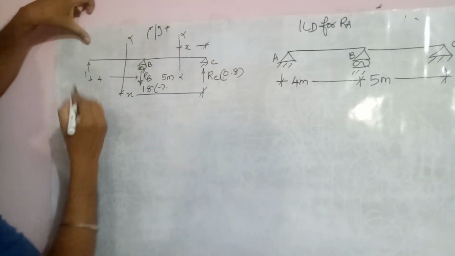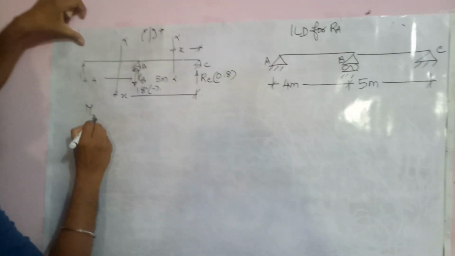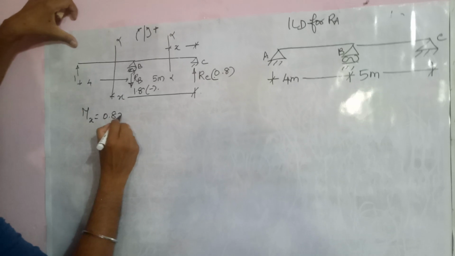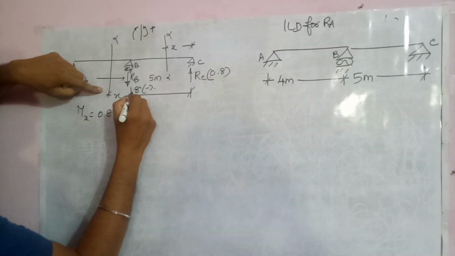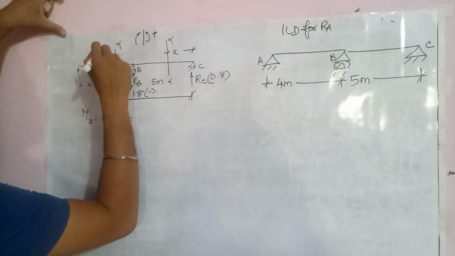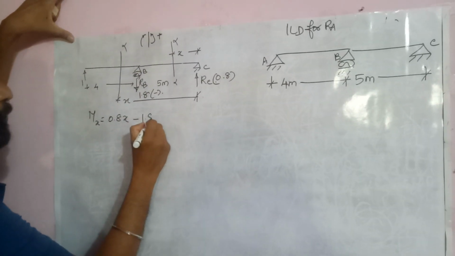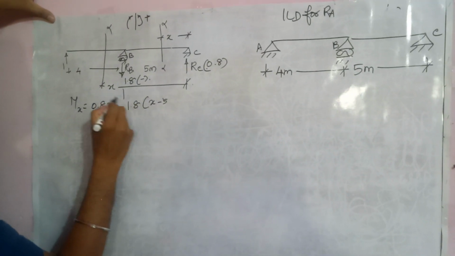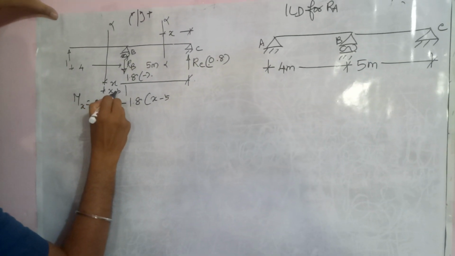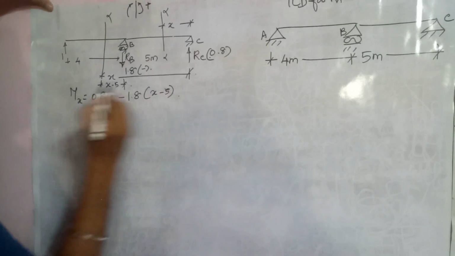Taking moment at the section X, the moment at X will be equal to 0.8 into X for this section, and for this section minus 1.8, since right side anti-clockwise is positive and it is clockwise, so minus 1.8 into X minus 5. See, this distance is X minus 5. So this is the moment.